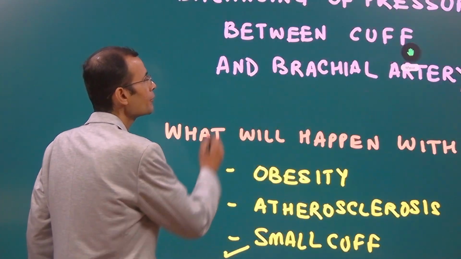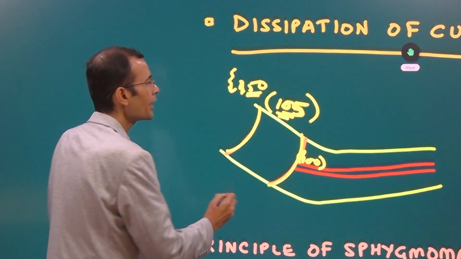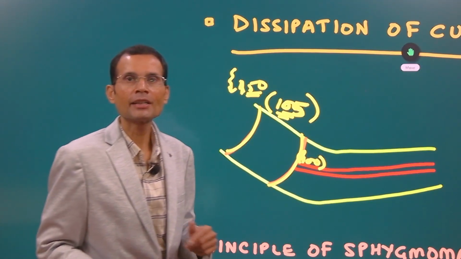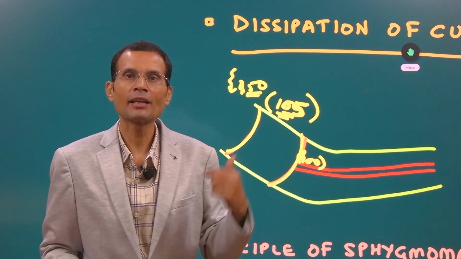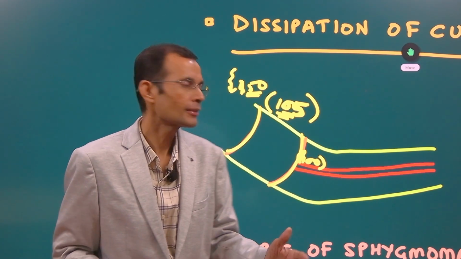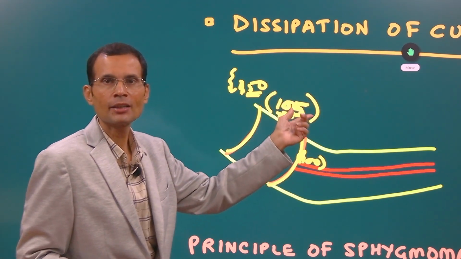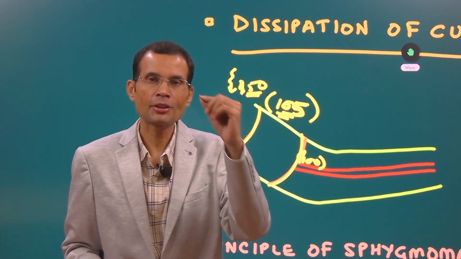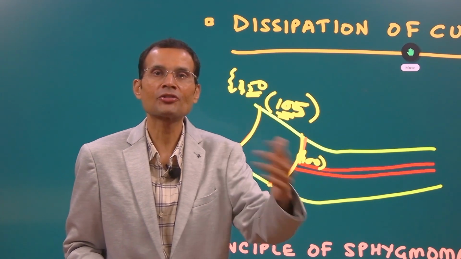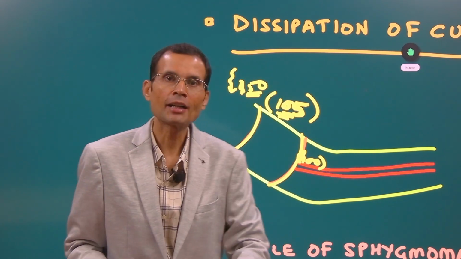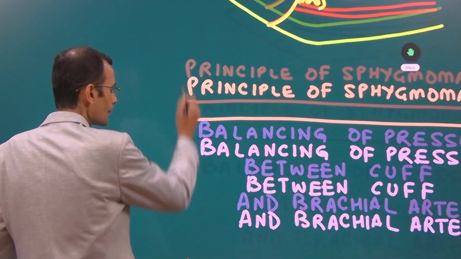It means in a normal individual pressure is 100 and by sphygmomanometry we are getting 105. Then in atherosclerosis we will get 106 or 107 because of that atherosclerotic plaque, which will take some extra pressure for the artery to be occluded completely.